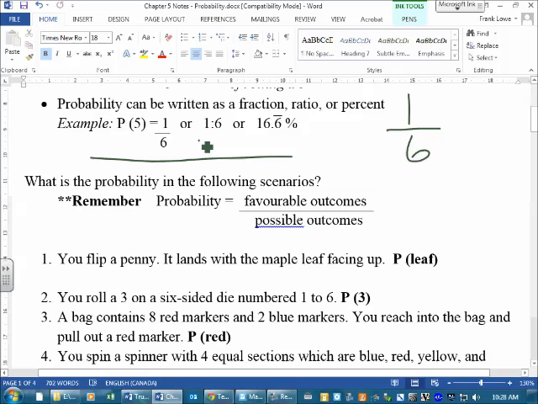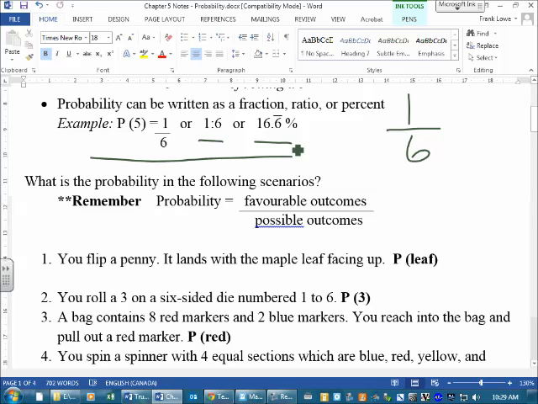Now, I'm also going to ask you to write that as a ratio, which is really easy. It's 1:6. And it's going to be like that for every fraction: the numerator colon denominator. It's always the same. And then you need to calculate that into a percent. I'm not going to go over that because we've done a chapter on percent. So if you need to brush up on that, you may need to take a peek at a different video.